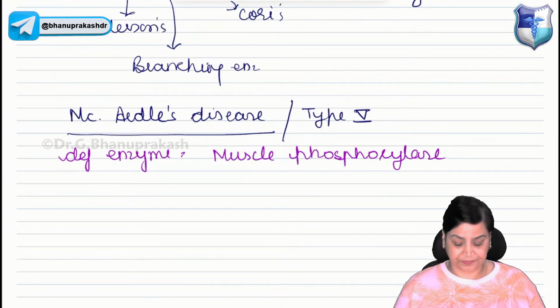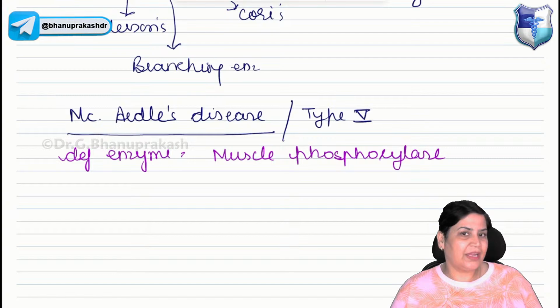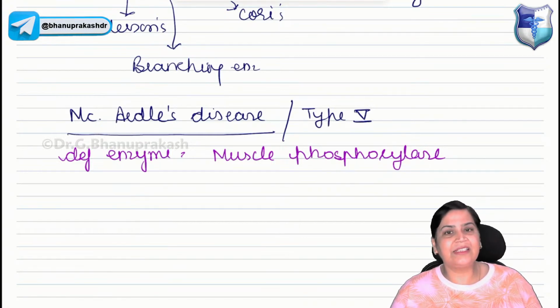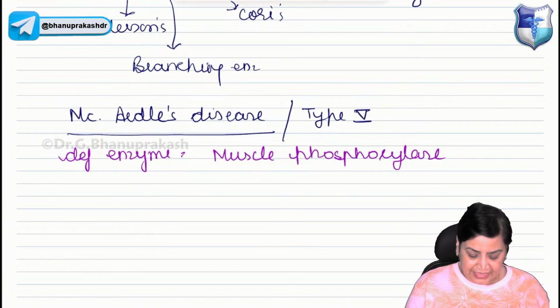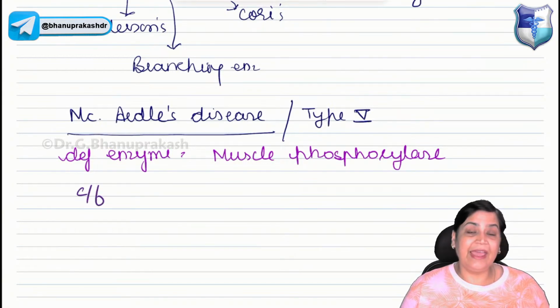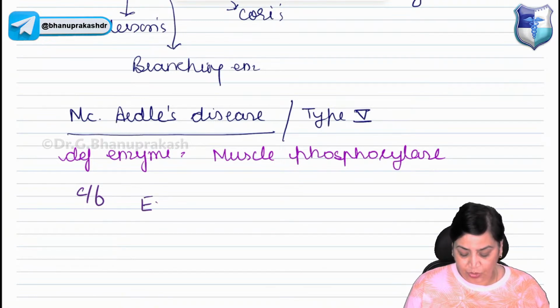Now see, the enzyme which is required to give energy to the muscles is absent. So the most important clinical feature here will be exercise intolerance.